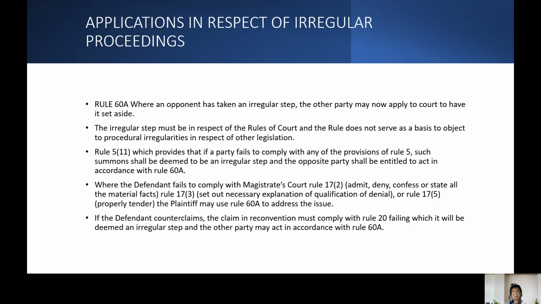When the defendant fails to comply with the magistrate court rules to admit, deny, confess, or state all the material facts, set out necessary explanation or qualification of denial, properly tendered, the plaintiff may use Rule 60A to address the issue. If the defendant counterclaims, the claim in reconvention must comply with Rule 20, failing which it will be deemed an irregular step and the other party may act in accordance with Rule 60A.